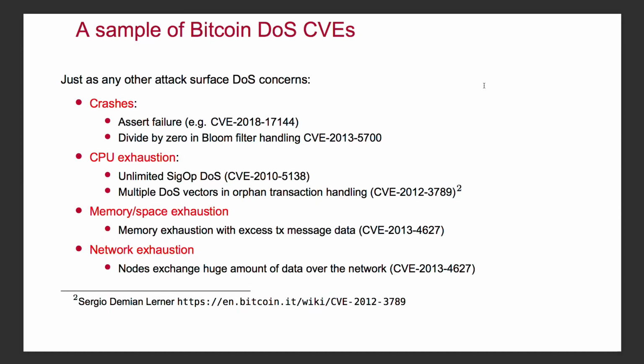This is very simple: you just upload a ton of data continually on the network or on the client, and it runs out of memory. And also network exhaustion, where the network starts forwarding spam and huge amounts of data between the nodes. Network exhaustion is also kind of dangerous, since it often means that the whole network will start forwarding junk data across.